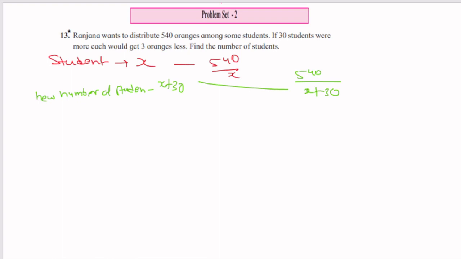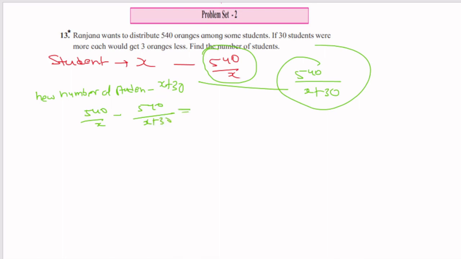In this case each would get 3 oranges less. Obviously this will be the bigger one, right, and this will be the smaller one. So I can write that 540 upon x minus 540 upon x plus 30 is equal to 3. Why 3? Because now everyone will get 3 oranges less.